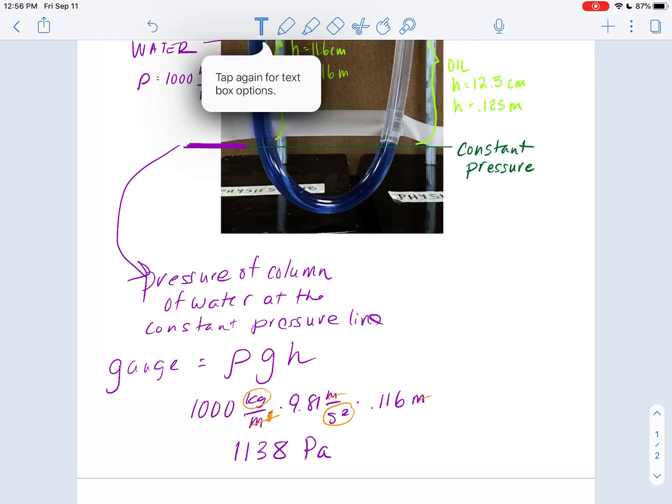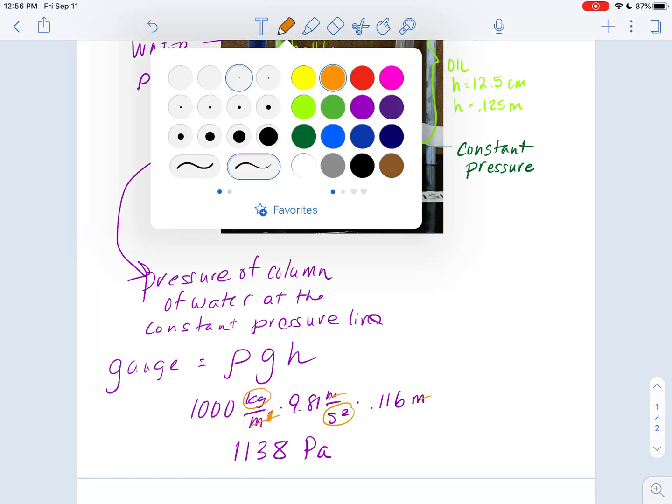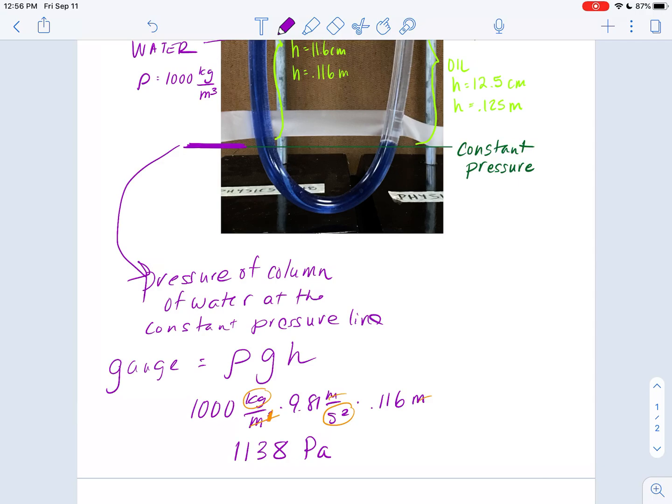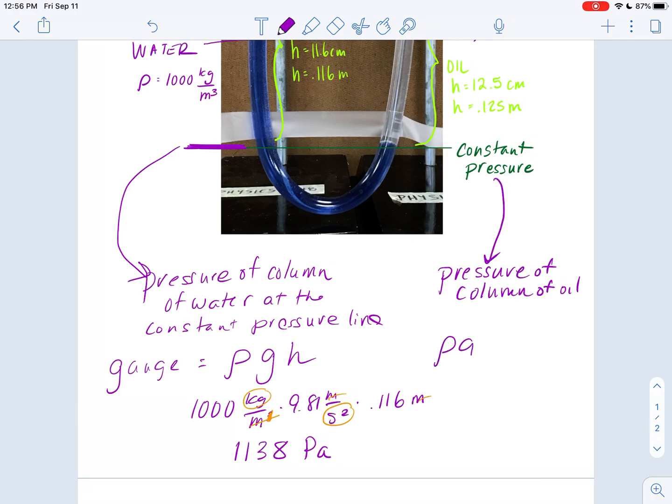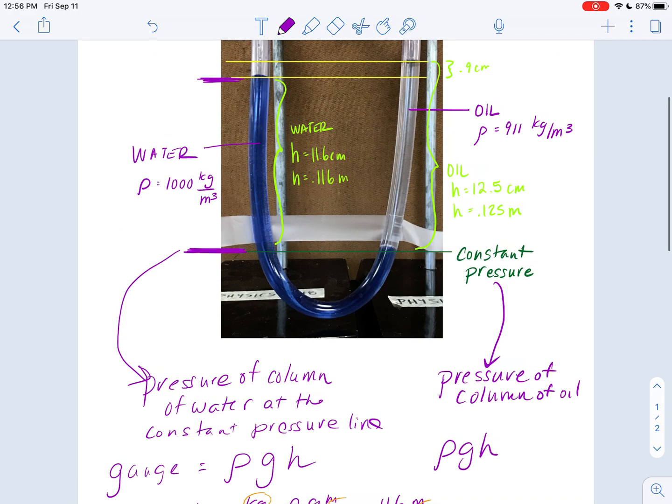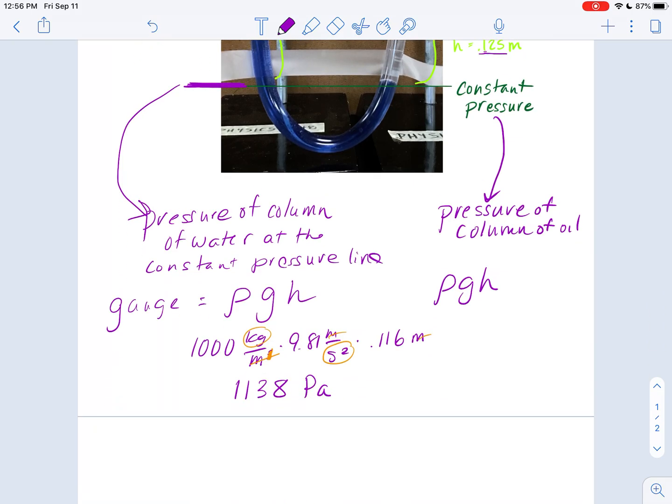Okay, now I'm going to do the same thing for the oil. I'm going to do the pressure of the column of oil. And again, I'm going to use gauge pressure, which is rho g h. So notice the rho is smaller, it's 911, but the h is bigger, it's 0.125. So let's see if this actually works.